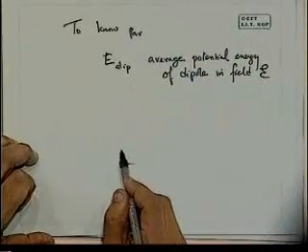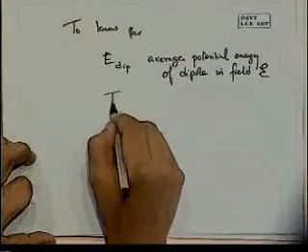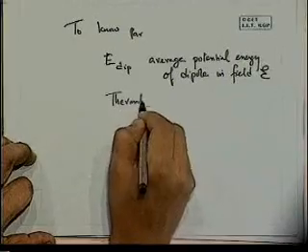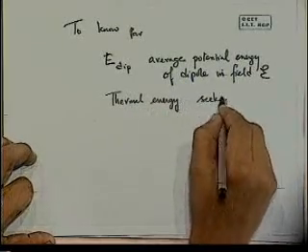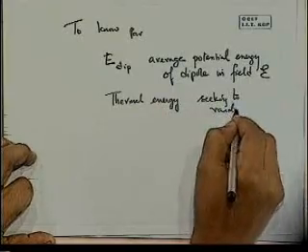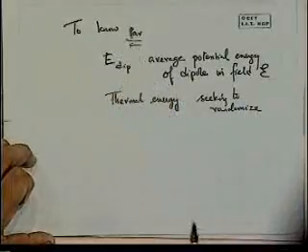That's one effect, trying to align it, so we'll know some energy consideration there. And then there's also thermal energy seeking to randomize it. So these are the two competing effects that we must know in order to determine this.